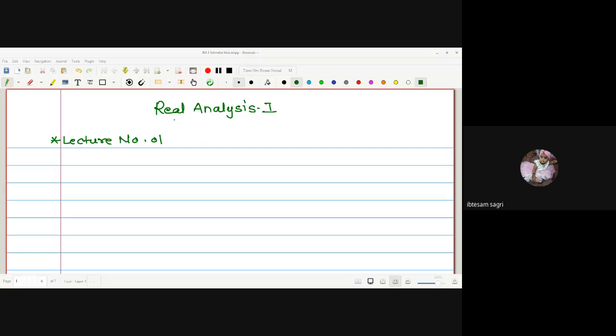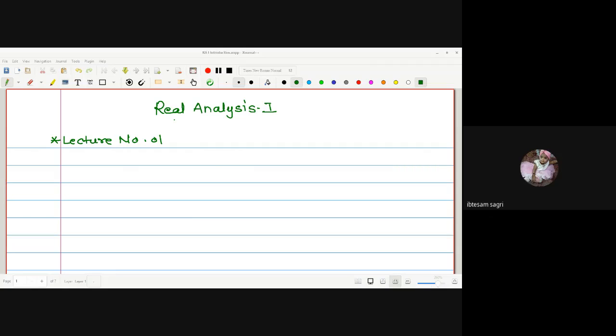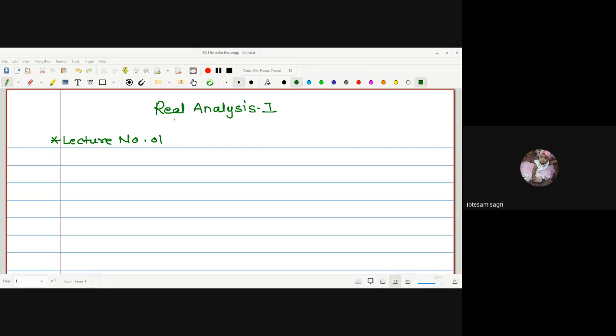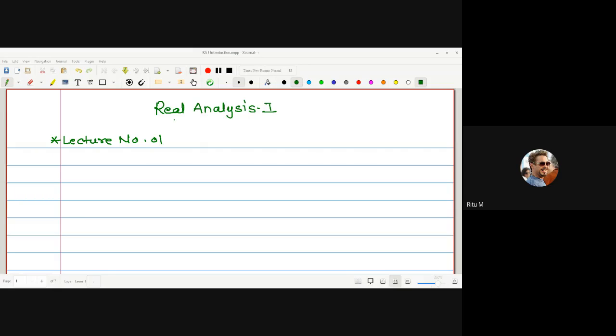Functions, convergence of series, divergence of series, open set, closed set, Cauchy sequence, neighborhood, and countable sets. Ma'am, bounded sequence. Yes, bounded. Limits.